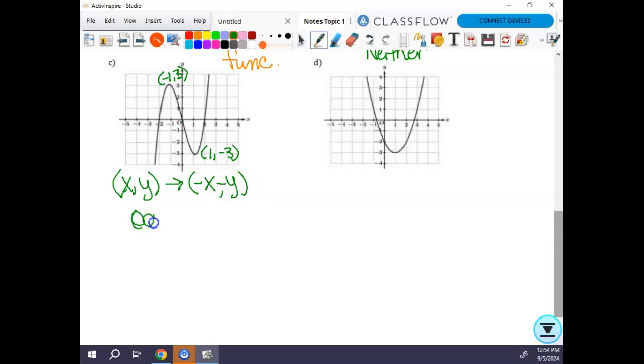That makes it an odd function. Yes? Okay, what do you think about D? Even, odd, or neither? Neither. It has symmetry, but not with the y-axis, so this is neither. Good. What questions you got?